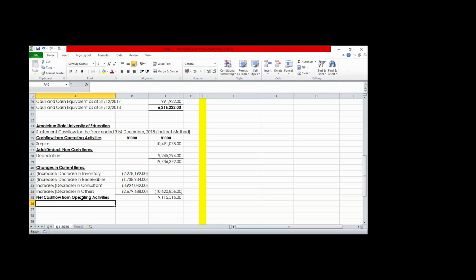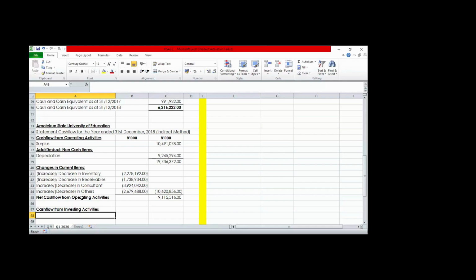Then after this, we have cash flow from investing activities.